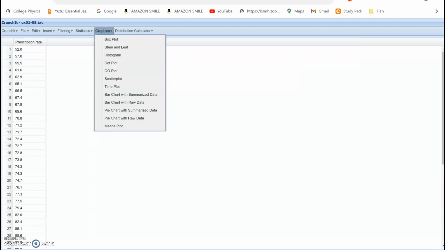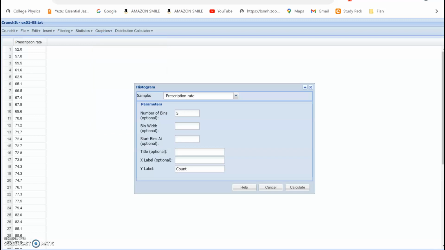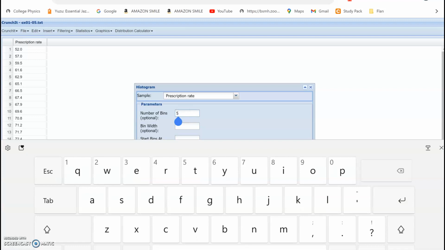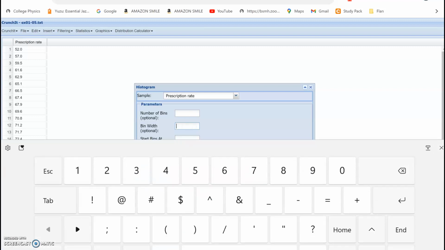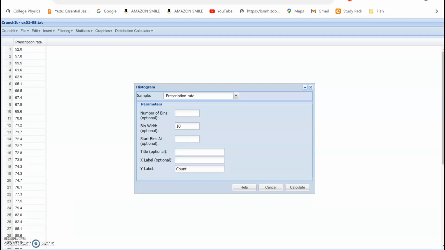Next, let's do this again. Graphics, histogram. Instead of specifying the number of bins, we could specify the width of the bin, which means if we are dividing this entire data set into class intervals or ranges of values, then we would like each interval to have a width of 10.